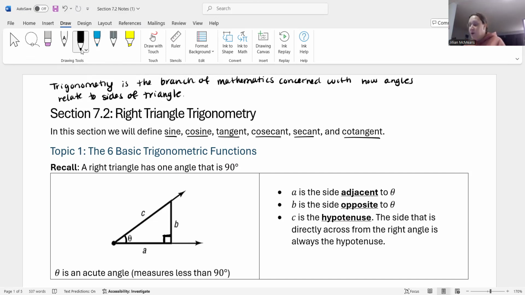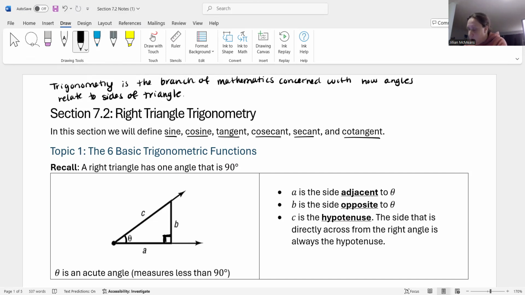Okay? Now, as far as how we would start this, we basically define these six basic trigonometric functions based on how they have an angle that relates to ratios of sides. So we need to understand just a general right triangle. Now, a right triangle is one that has a 90-degree angle. So you can see here, we've drawn an angle, but we've thrown a triangle into it, okay?